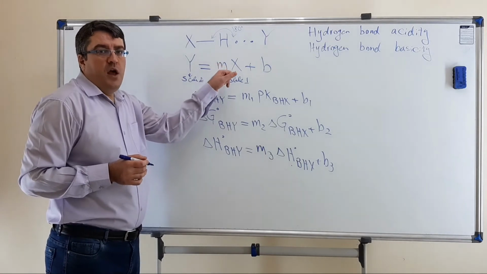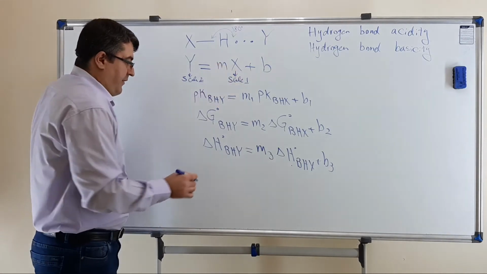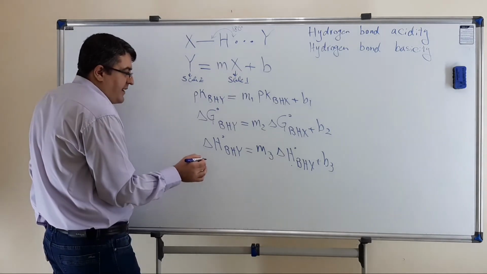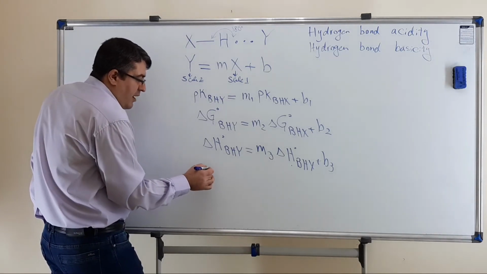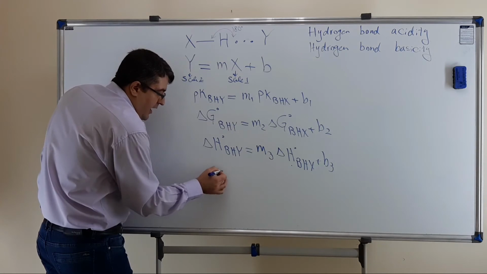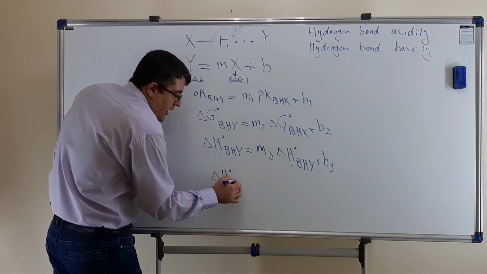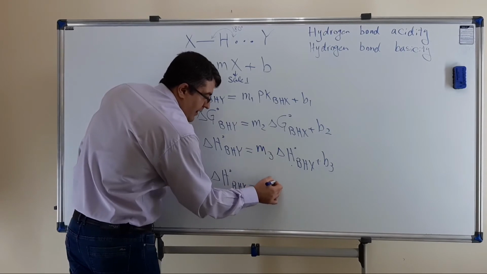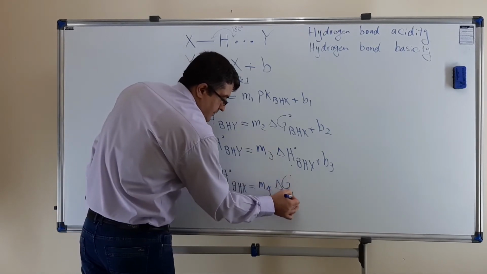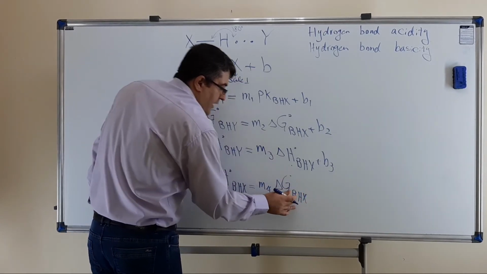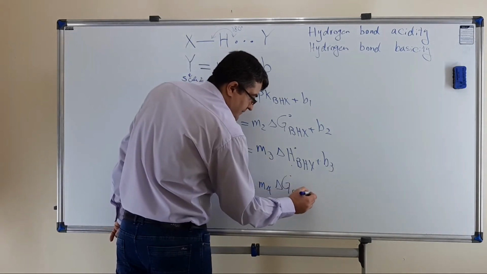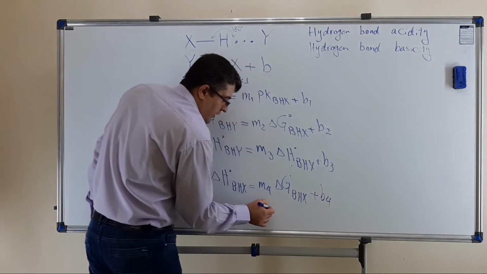Also, types of quantities may be different. For example, like this. We may check to see if there exist any correlations between, for example, delta H and delta G for the same or different hydrogen bond donors, and so on.